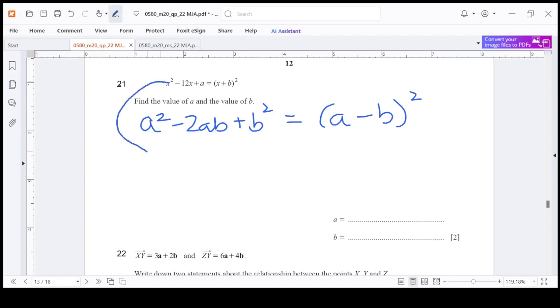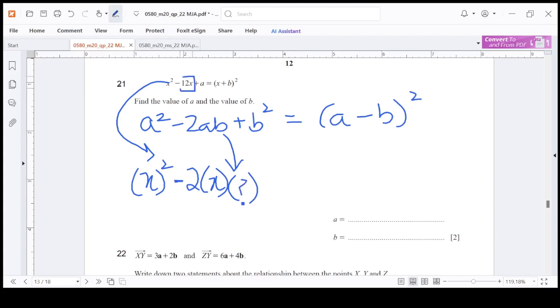So instead of a squared, we have x squared. Then minus 2x, and what should this third value be so that you get 12x? It should be 6. So this is 6, and then you also have to add the square of 6, so that's going to be 36, or you can write 6 squared for now.